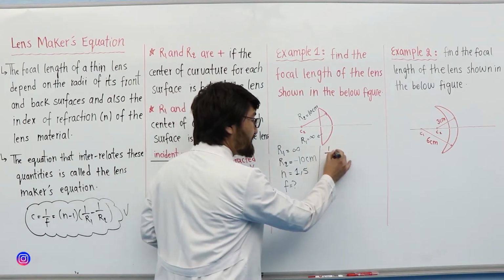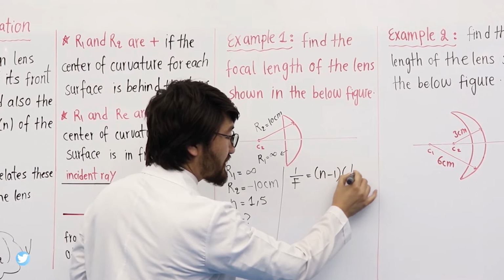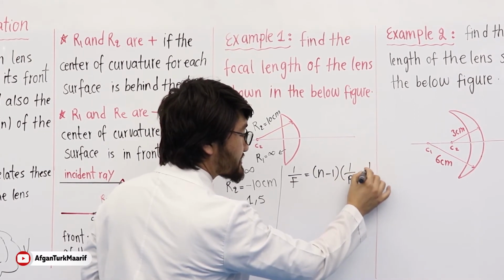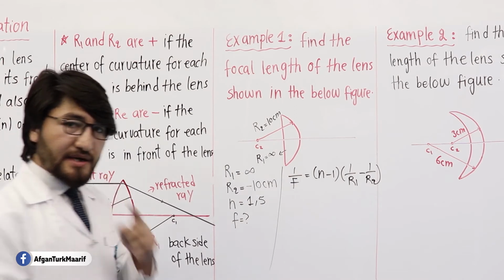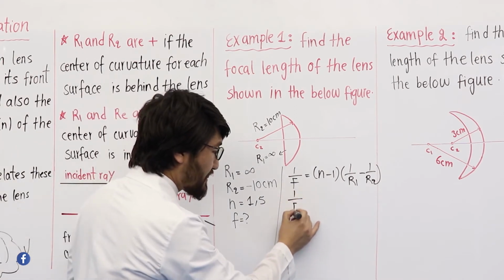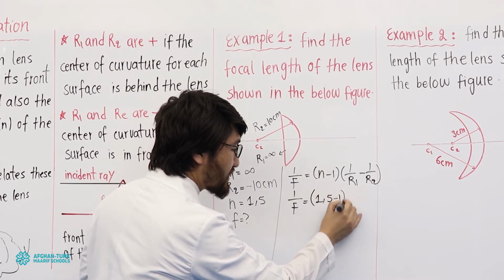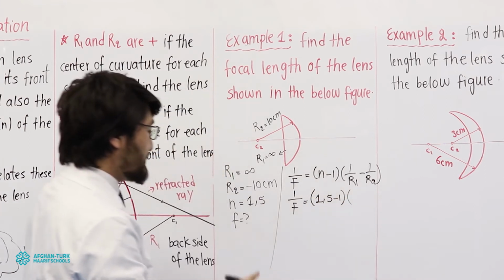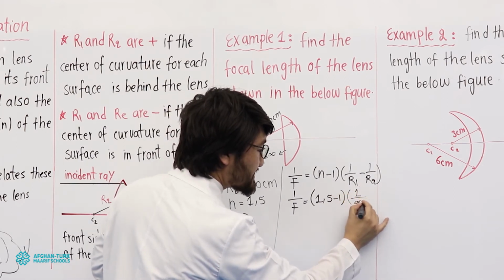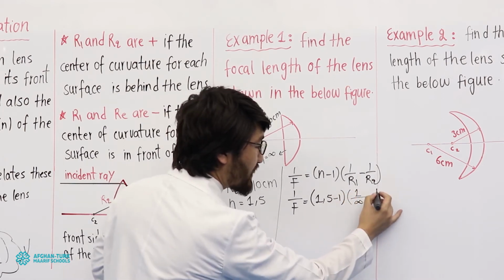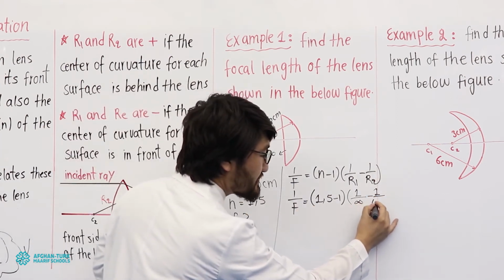Now, 1 over f is equal to (n minus 1) times (1 over R1 minus 1 over R2). What is n? 1.5 minus 1. What is R1? 1 over infinity, minus 1 over R2, which is minus 10.